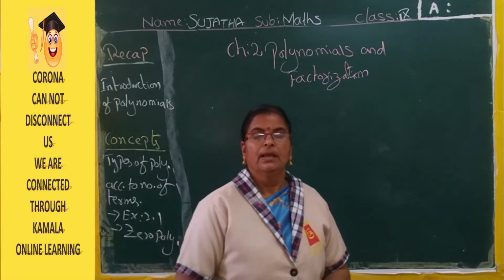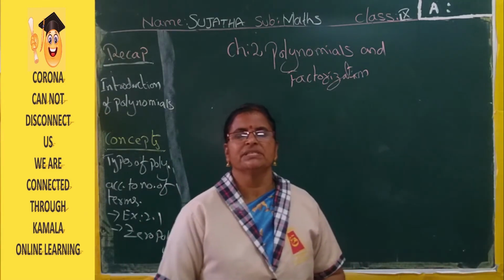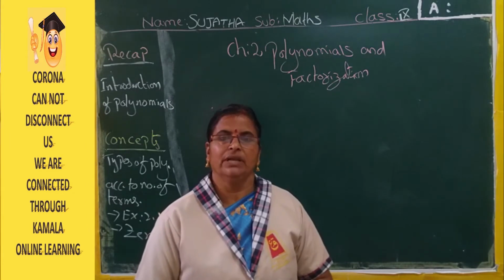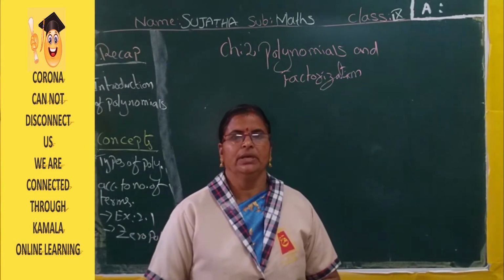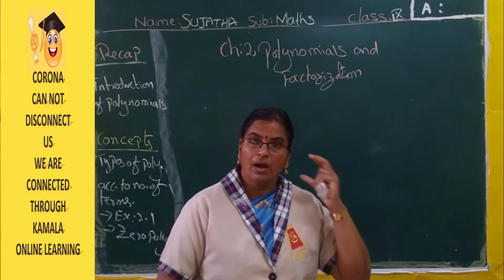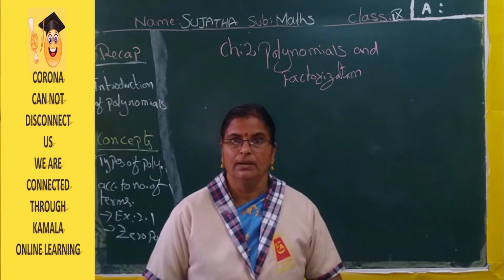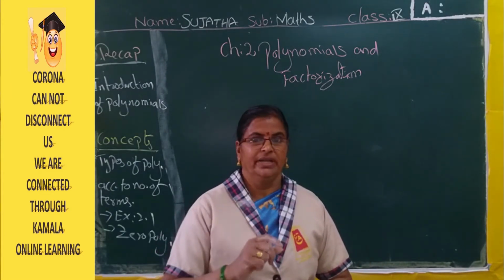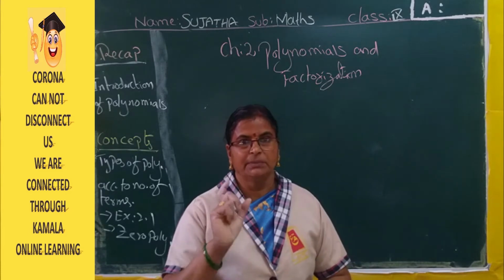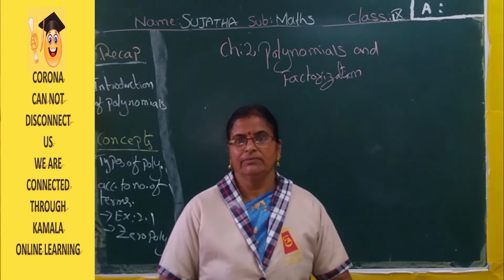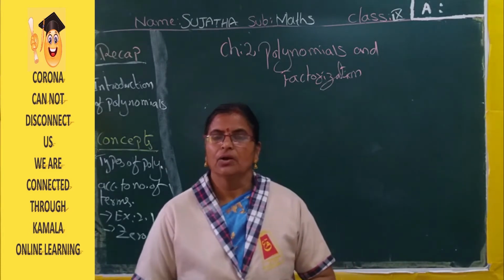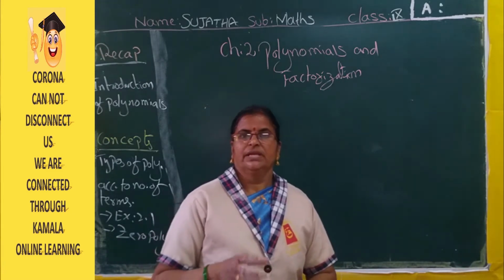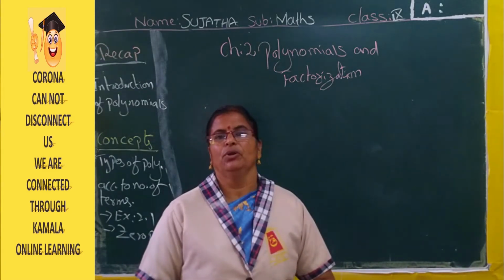Now this is the second chapter we started. In the previous session we learned what a polynomial is, and when it becomes a polynomial: if the power is positive or negative. According to the powers, we can give the name of the polynomial also.